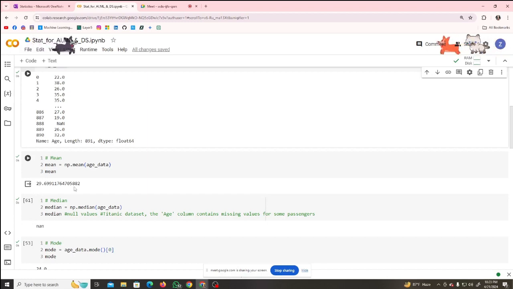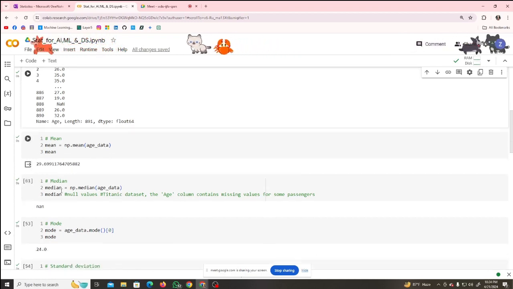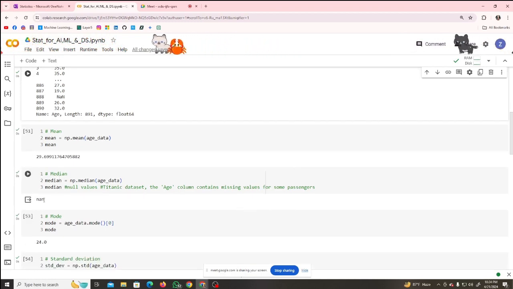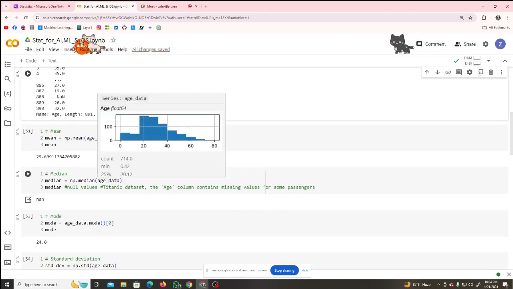So by this number, what we can understand is that the central value of that data set, I mean the people who were on that Titanic ship, mostly their ages were around 29.69 or something. And the median, you see the median is none over here, but we were supposed to get an actual numerical value, right?